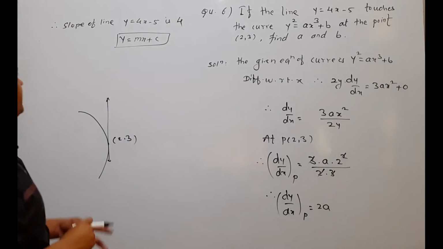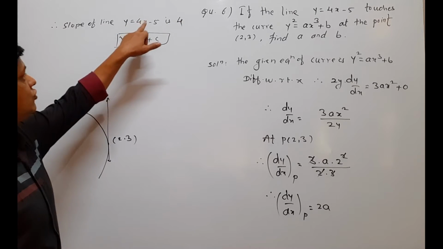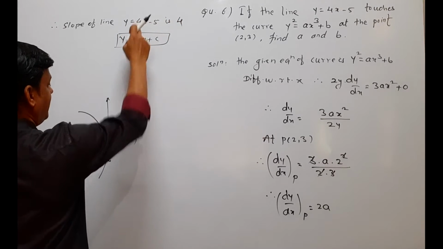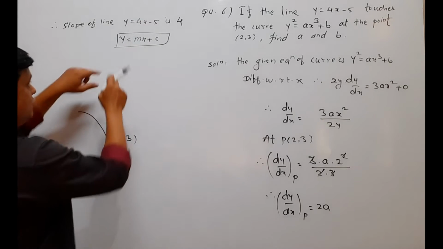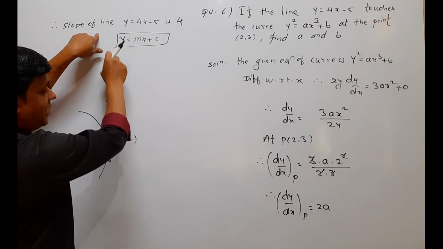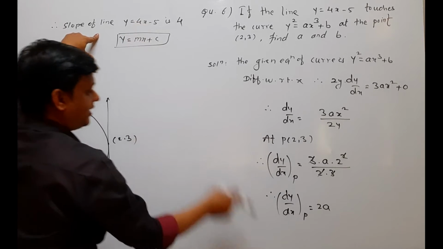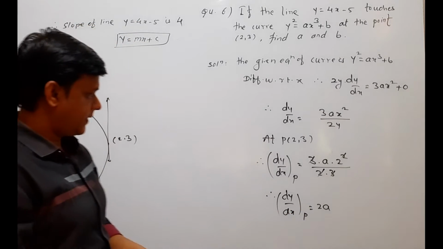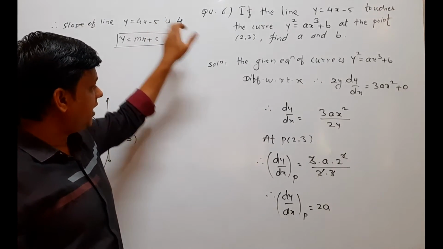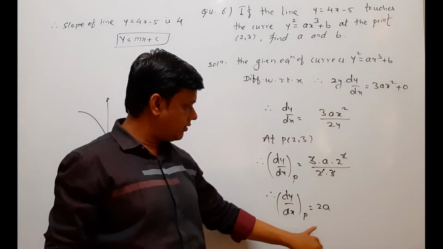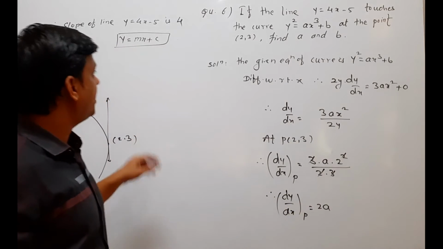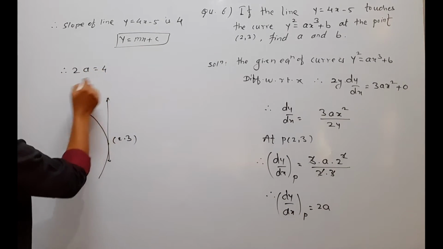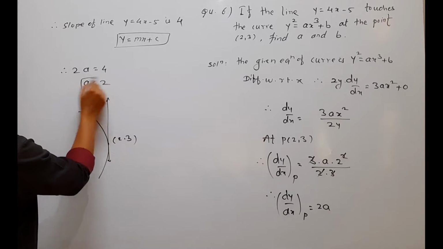So directly write here slope of line y equals to 4x minus 5 is 4. Now this line touching this curve, so this line is a tangent. So slope of this line, and we find the slope of a line from this given equation and from the curve. So these two slopes are equal. So we write here, therefore twice a equals to 4. So we get a is equals to 2.